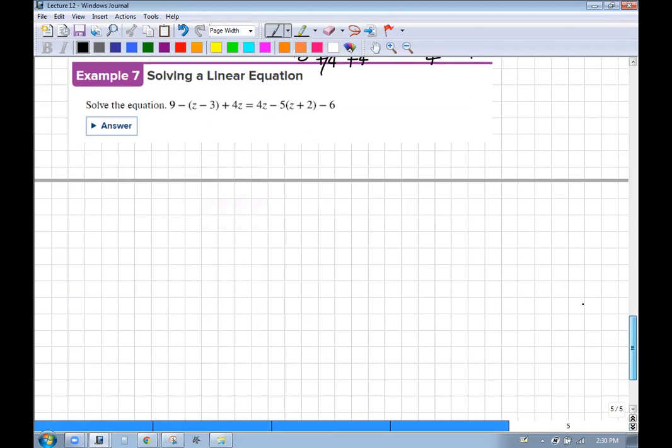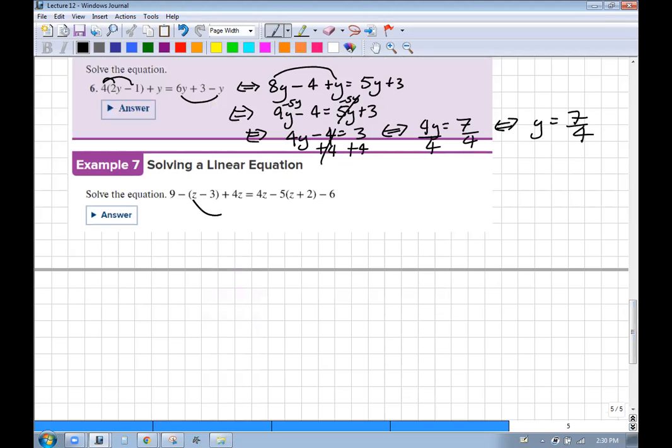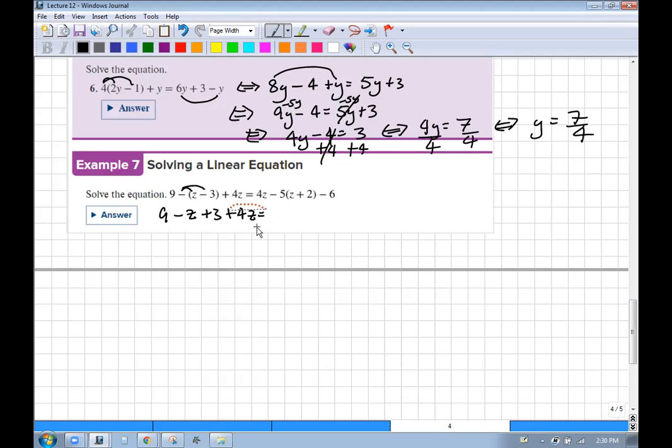This one, there's z's all over the place. 1, 2, 3, 4. That's okay. Distributing the minus sign. A negative is a positive. One thing that we can do while we're at it, I see 4z and 4z. Let's just go ahead and subtract that from both sides.